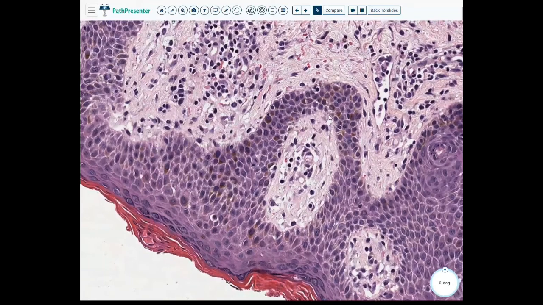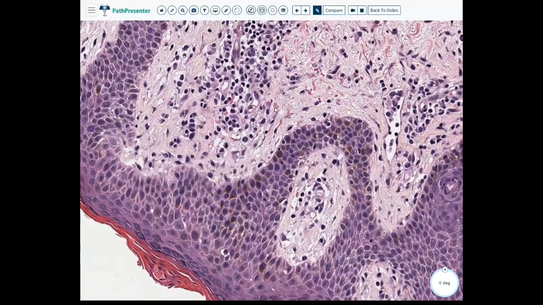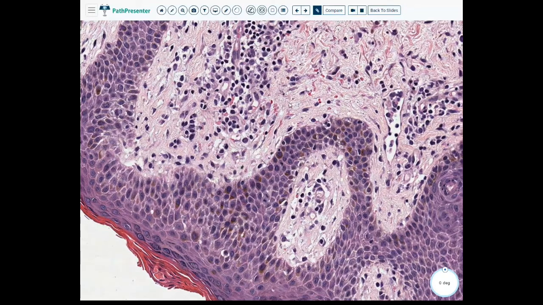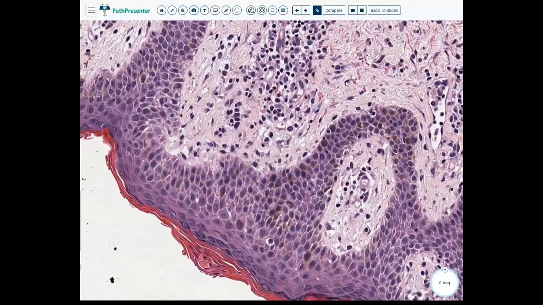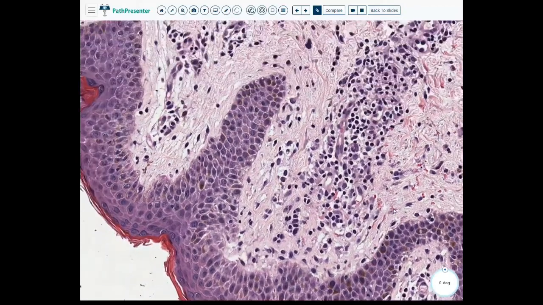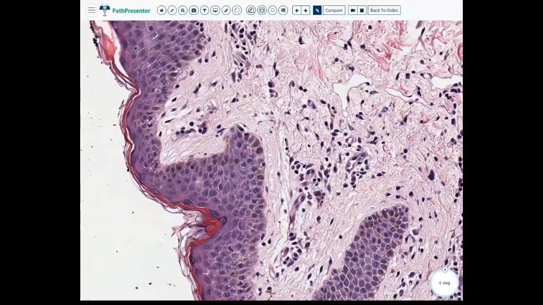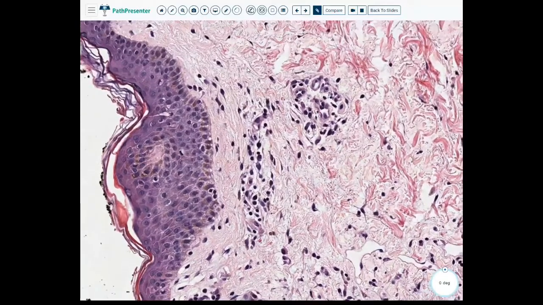Well, there's some of it. Okay, so I'm buying this. So red cell extravasation can be within the superficial dermis as well as the epidermis. And not really appreciating a lot of dyskeratotic cells, but you can see that in about half your cases.